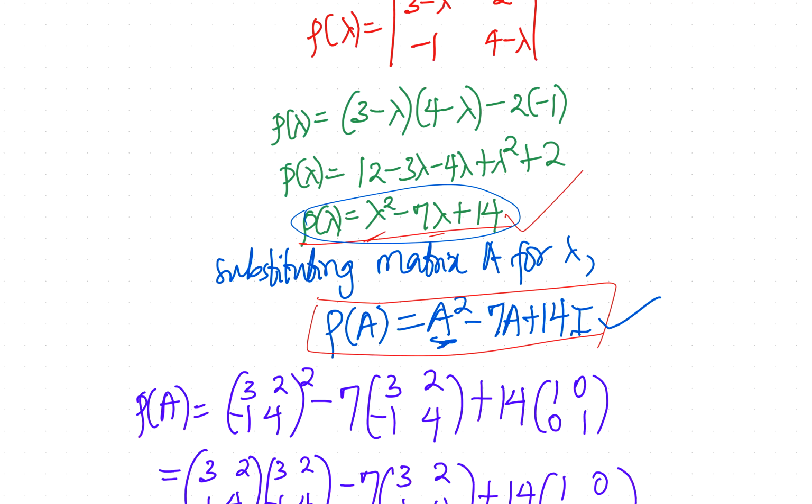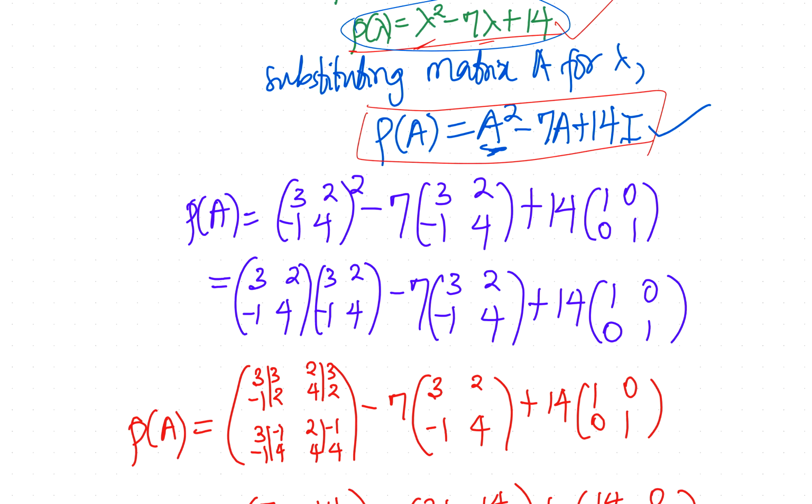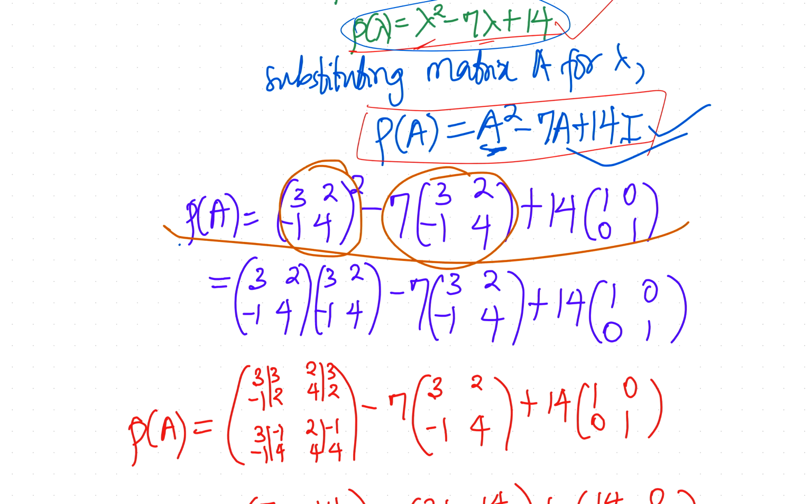So rho of A equals A squared minus 7A plus 14I, like that. And then you already know how to expand this. So you have 3, 2, minus 1, 4, times 3, 2, minus 1, 4 because it is squared. And then, of course, you have minus 7 into all that.